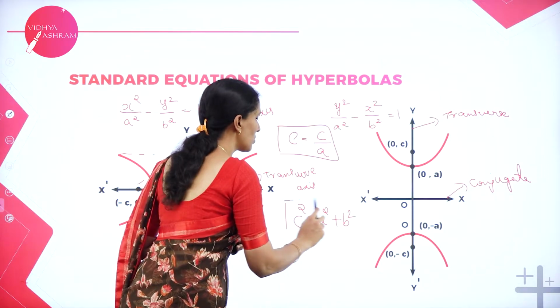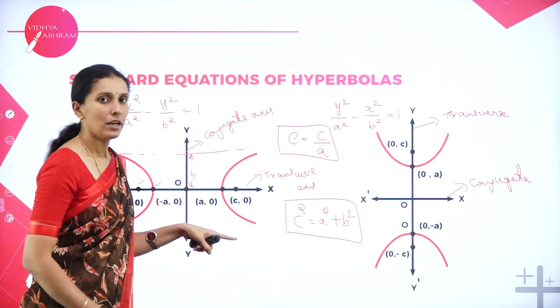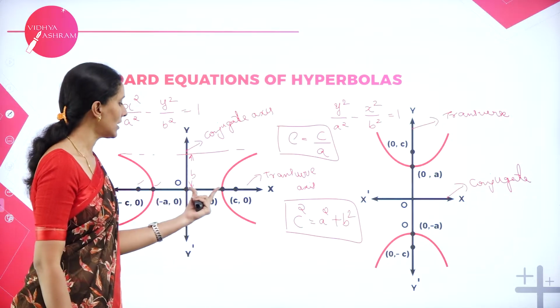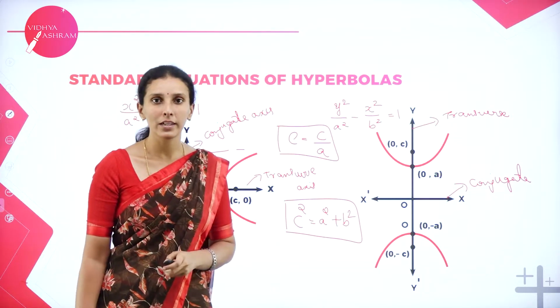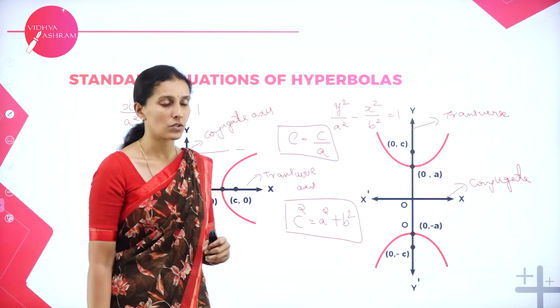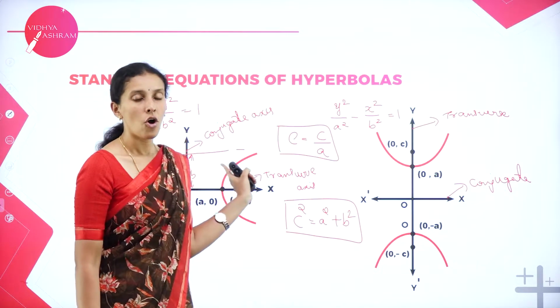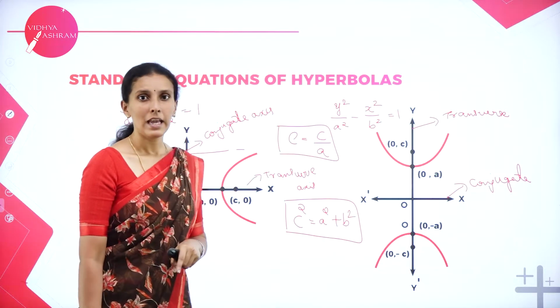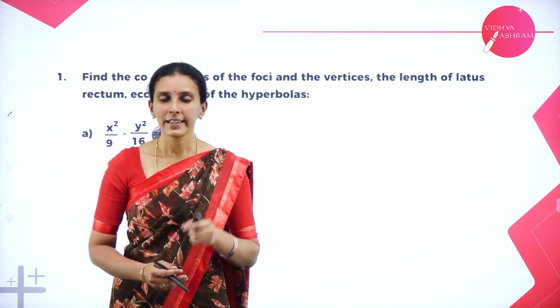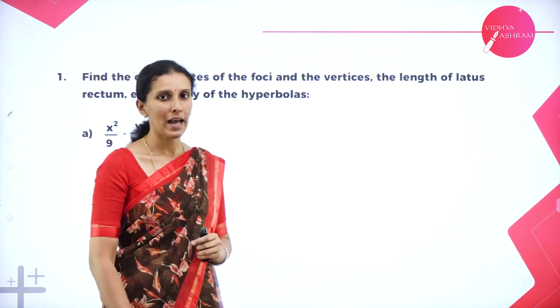So this is the relationship between the semi-transverse, semi-conjugate and the distance of a focus from the center, and eccentricity of both hyperbolas is given by c by a.